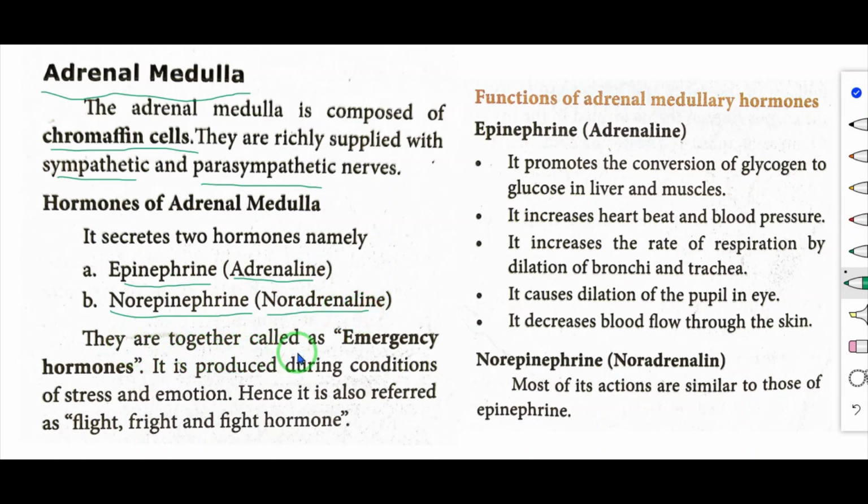They are together called emergency hormones. Why are they known as emergency hormones? They are produced during conditions of stress and emotion; only in that situation are these hormones produced.